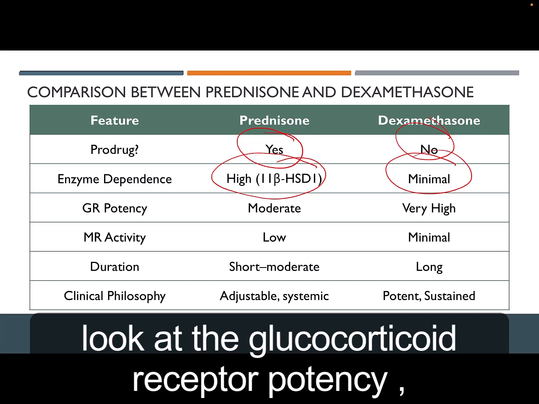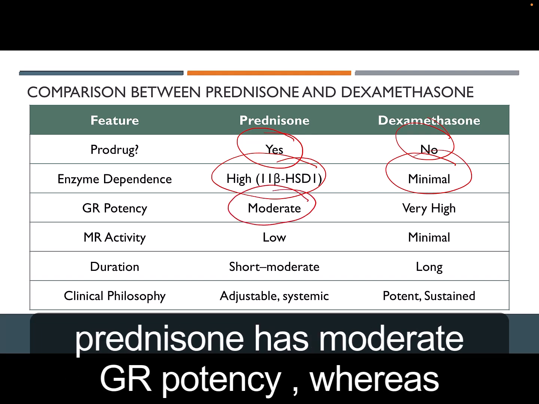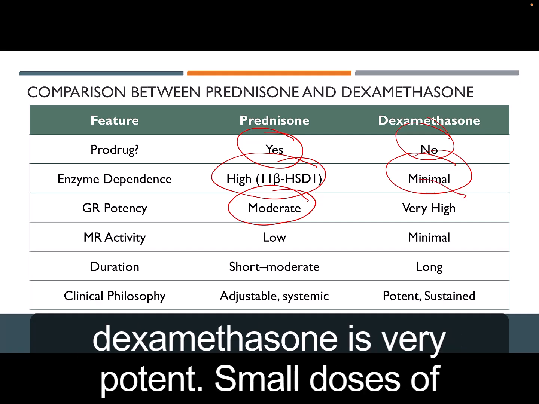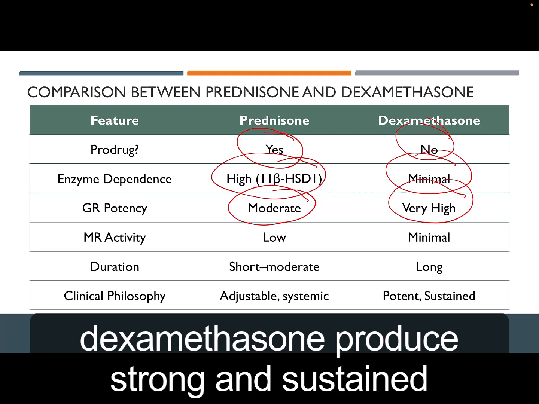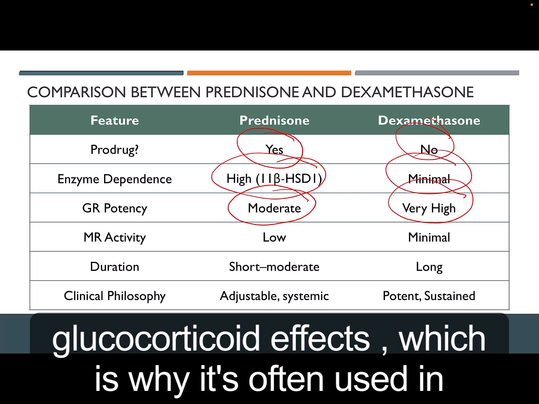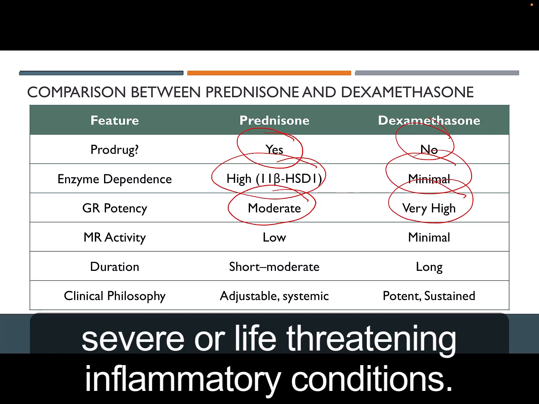When we look at the glucocorticoid receptor potency, prednisone has moderate GR potency, whereas dexamethasone is very potent.